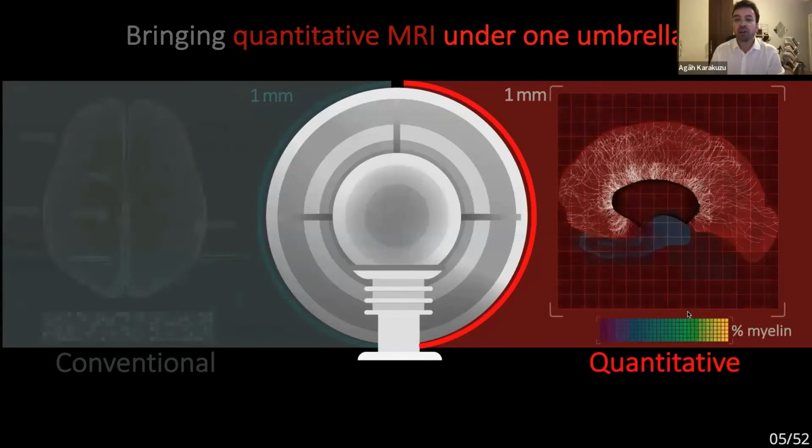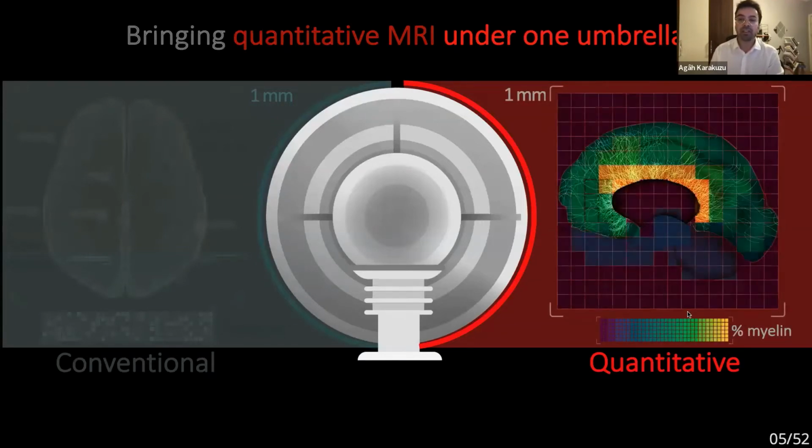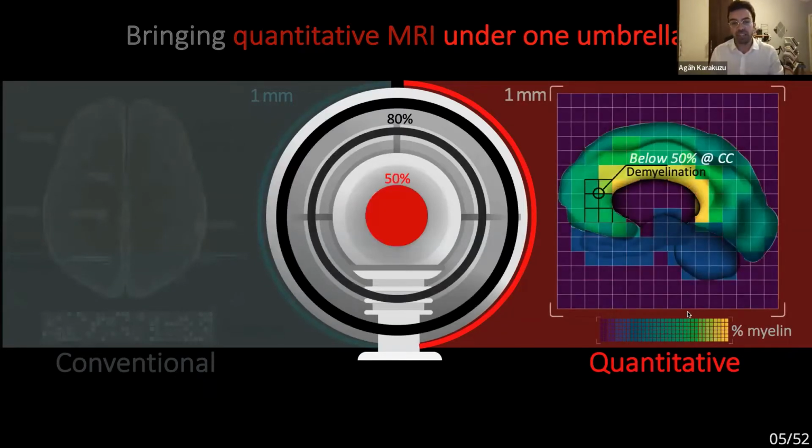Then Dr. House would ask, if quantitative MRI is so impressive, why bring it under one umbrella? Because to perform quantitative MRI, we need to implement special methods on MRI scanners that are neither manufactured nor calibrated for such measurements. Let's say we established a threshold of 50% on vendor 1 after a series of measurements.